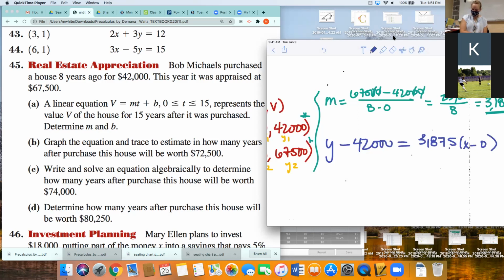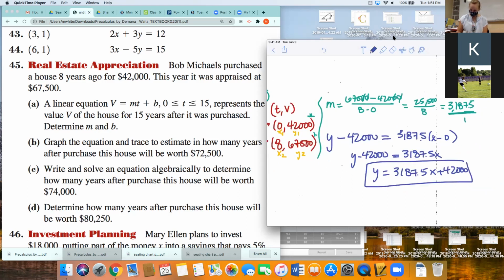Distribute, we're going to move our 42,000 to the other side momentarily. 3,187.5x plus 0. And then move your 42,000 over to the other side. Y equals 3,187.5x plus 42,000. Which makes sense. That's where we're starting. At 0 years, they're starting here and we're going up over time. It's increasing the value of the house.